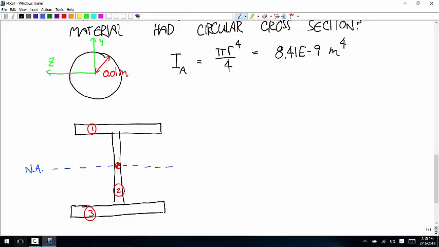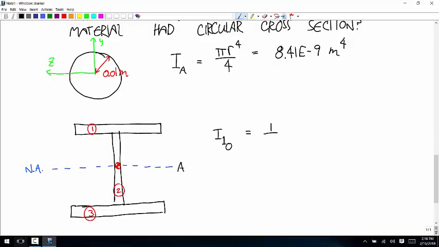Okay, so area moment of inertia for one about, what should I call that? So about its own neutral axis. So eventually we're going to come down to this one.